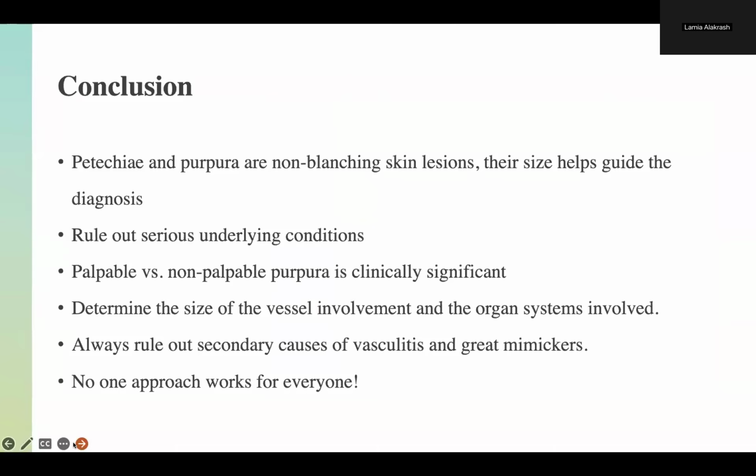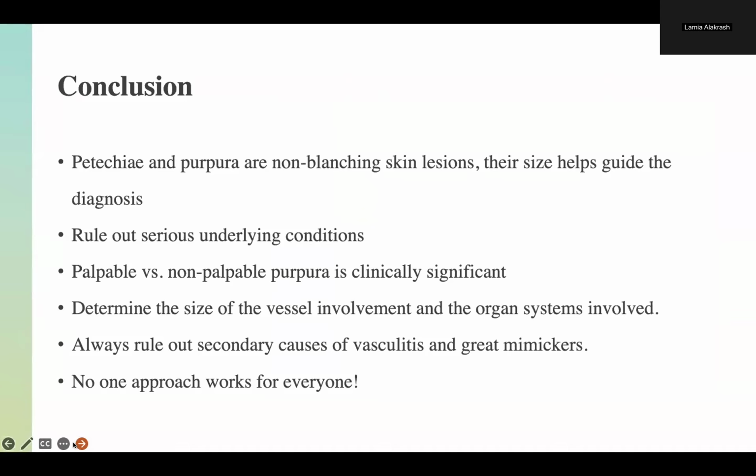So in conclusion, petechiae and purpura are non-blanching skin lesions. Their size helps you narrow down your differential diagnosis and eventually reach the right diagnosis. Always rule out red flags, serious underlying conditions. It's very important to differentiate if it's palpable or non-palpable.